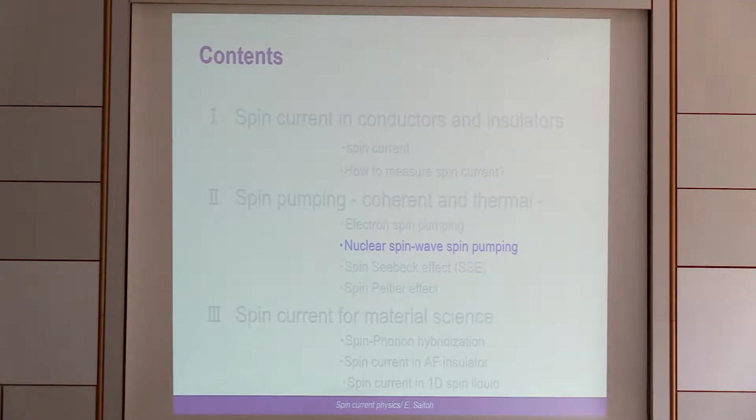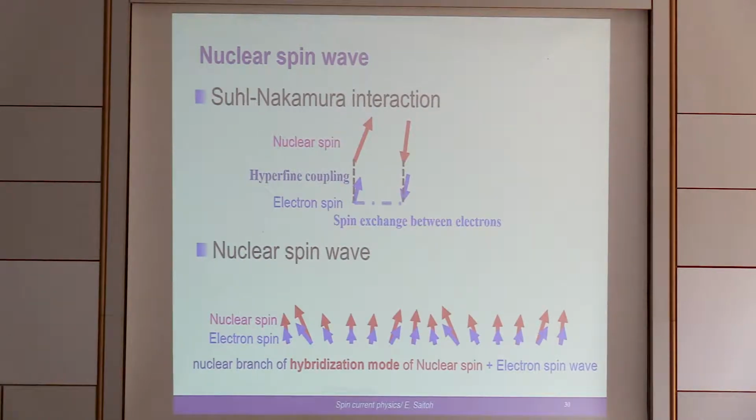Then I'd like to move on to the nuclear sector. I'd like to show the nuclear spin wave spin pumping. Nuclear spin wave is a kind of hybridized mode between the magnetization motion and nuclear spin dynamics.